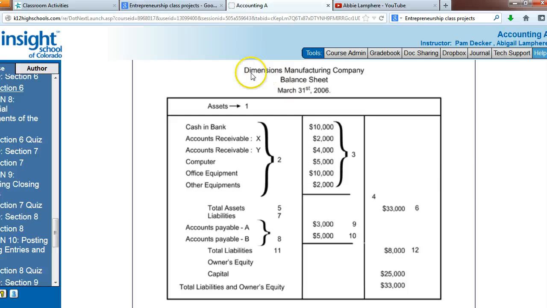Okay, here we have it. So we have the who, the what, and the when as our heading. It's always what we want to prepare first. Then we want to first list our assets. So we put in the word assets and list each individual asset account that we have with the balances of each of those accounts. So again, we list them all in this first column, the left column, indicating that we're going to add these all together.